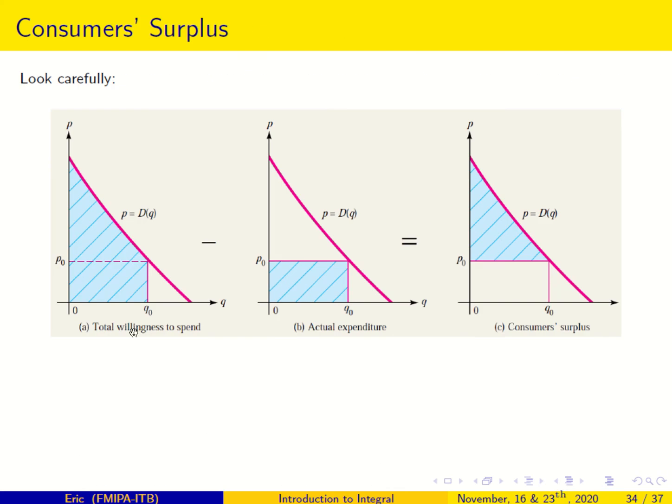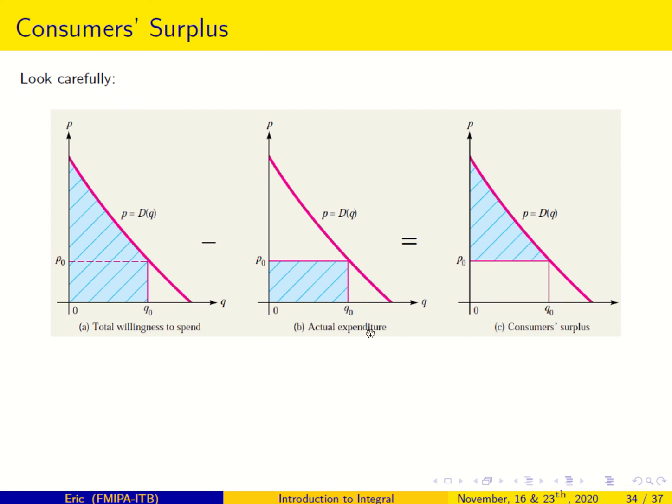The marginal willingness to spend is the price you pay for Q units. Look carefully: the total willingness to spend is this. If you want to buy Q0, you have P0 unit price. If you have less than Q0, you have this unit price. So the total area under the curve P equals d(Q) is what we call the total willingness to spend.